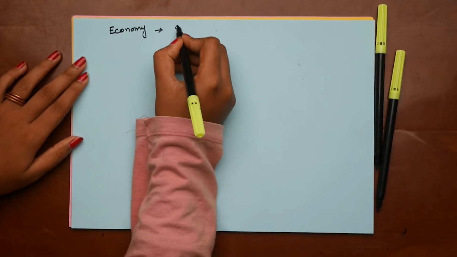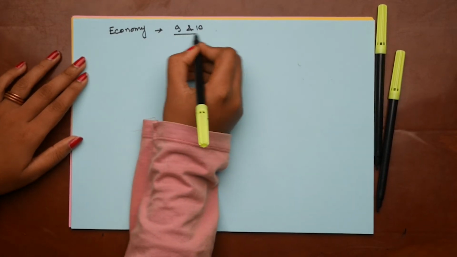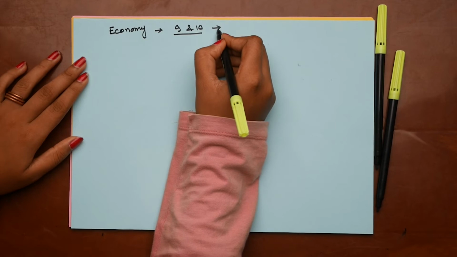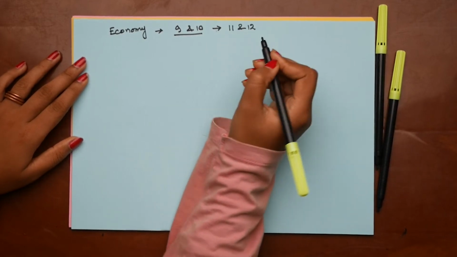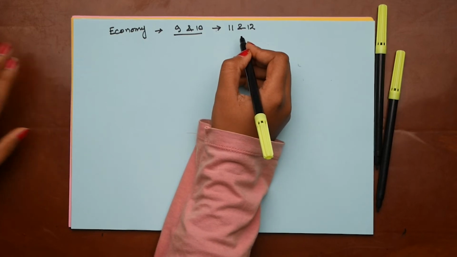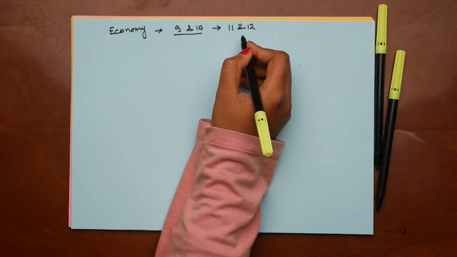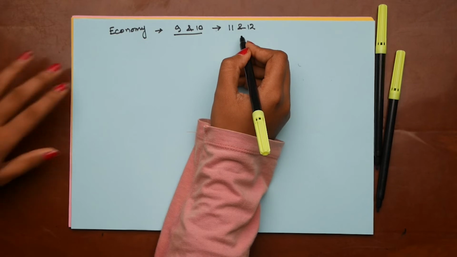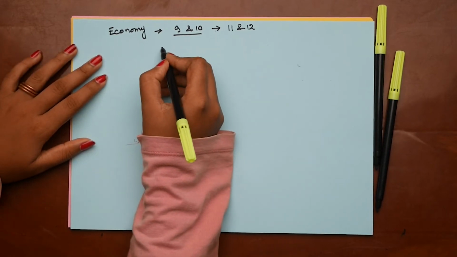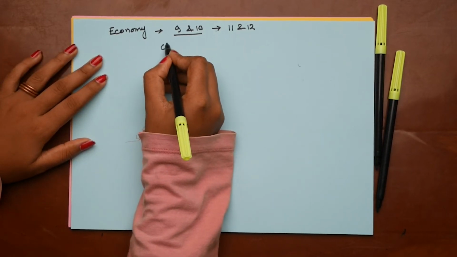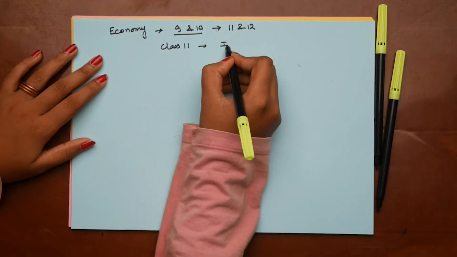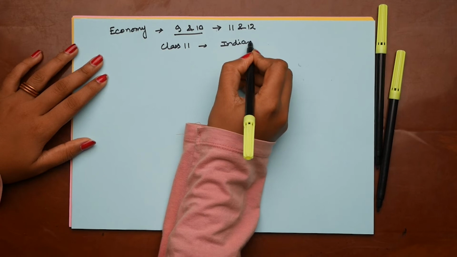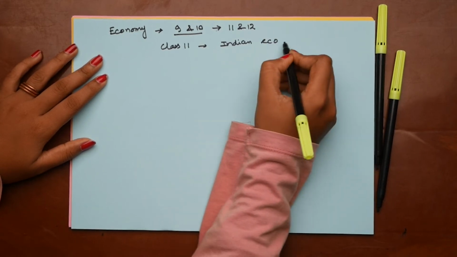For economy, 9 and 10 NCERT books are important. You can skip directly to class 11 and 12 if you have basic clarity. So what are the books for class 11 and 12 of economy? For class 11, Indian Economic Development, a very important book.